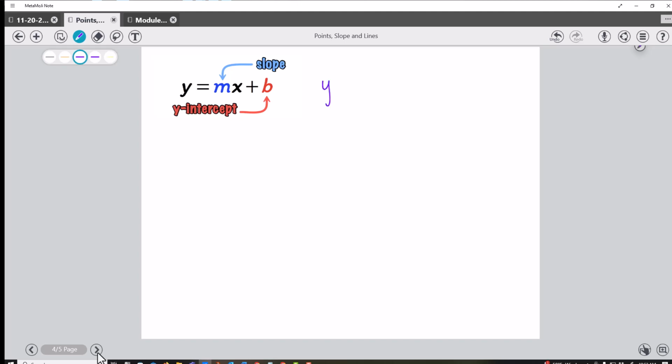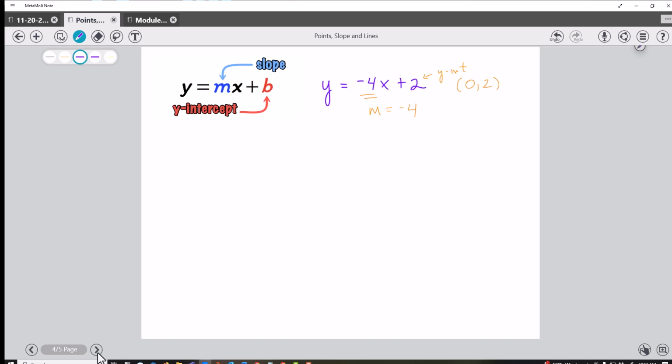So if I give you y equals negative 4x plus 2, and I ask you what the slope is, and they call it m, it would be negative 4. And then this would be the y-intercept, which remember that means it would go through the point (0, 2).